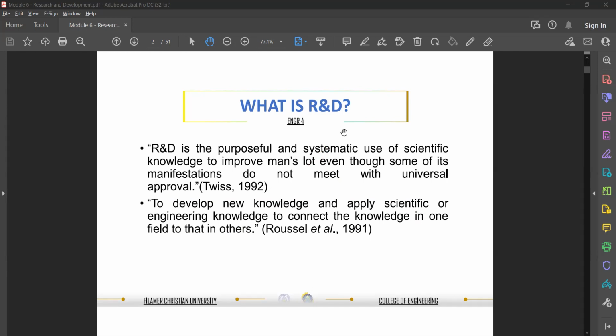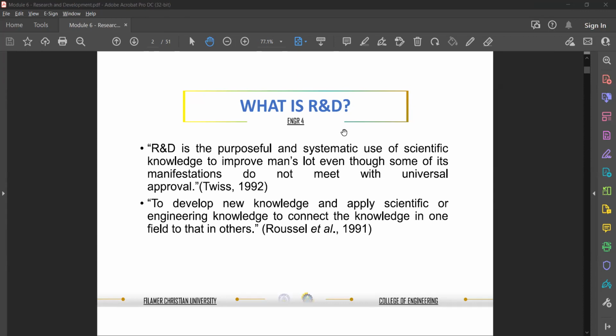So when you say research, it differs, no? Iba't ibang industry or company, iba yung definition nila. Di ba? For example, in a university, merong research and development center. Sa Philomar, meron dito.